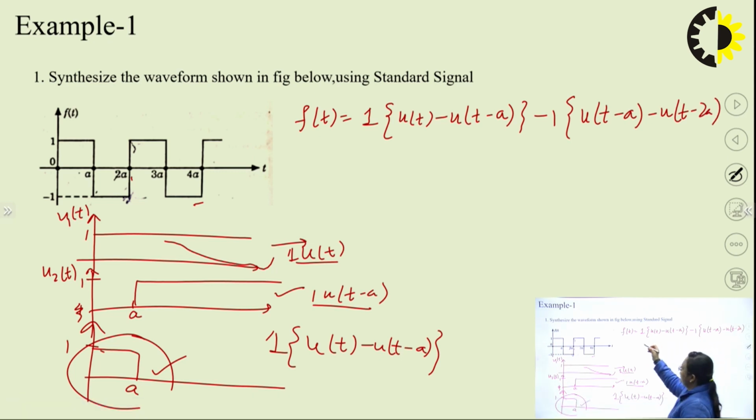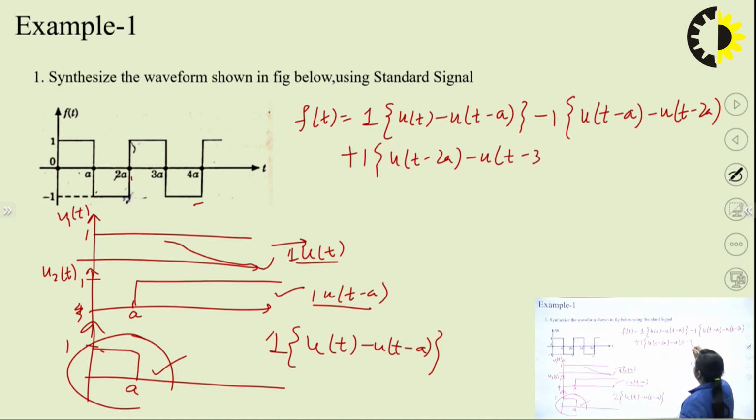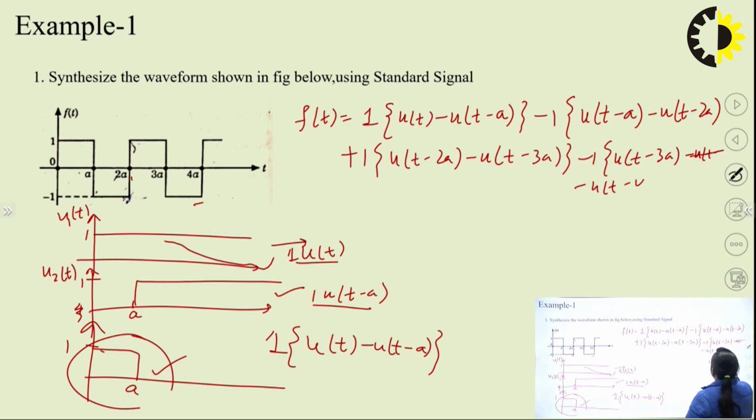And similarly, again I write for this function from 2A to 3A, where the magnitude is plus 1, and this will be u(t minus 2A) minus u(t minus 3A). Similarly, then minus 1 again, and this is u(t minus 3A) minus u(t minus 4A), and so on.